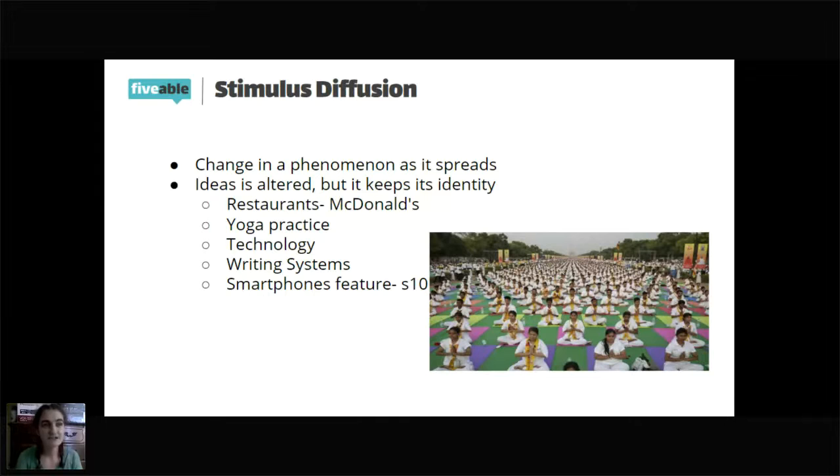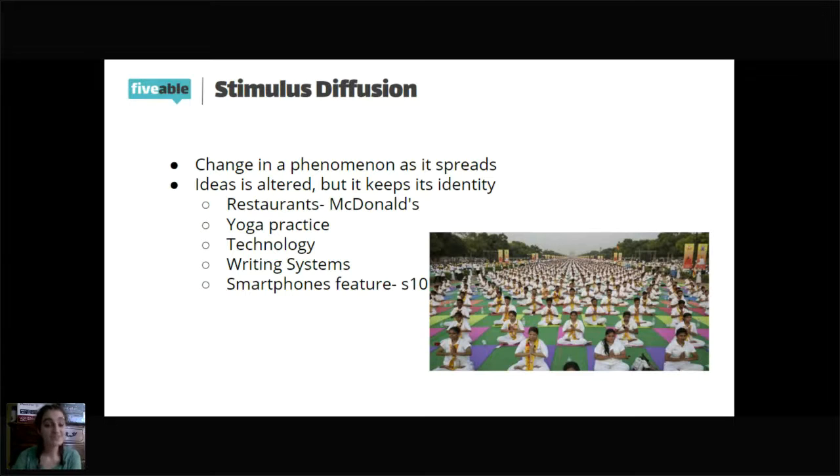It's being influenced by this new culture. I would say Spanglish, but Spanglish is not a writing system. No, forget it guys, that's not an example.